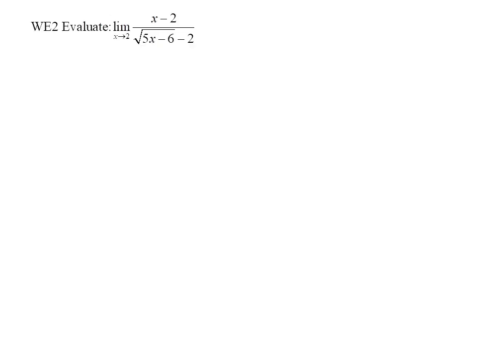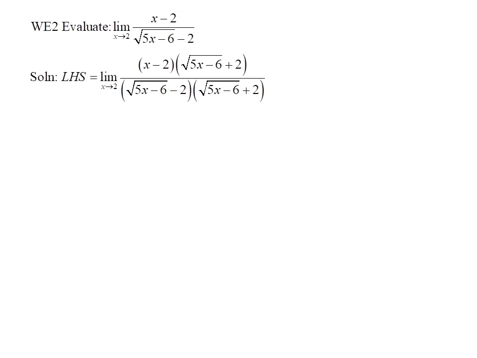Here, example 2 is to evaluate the limit of (x minus 2) over (the square root of 5x minus 6, subtracted by 2) as x approaches 2. Since both numerator and denominator of the expression would become 0 if x were substituted by 2, we multiply both numerator and denominator by the conjugate of the denominator, the sum of the square root of 5x minus 6 and 2.